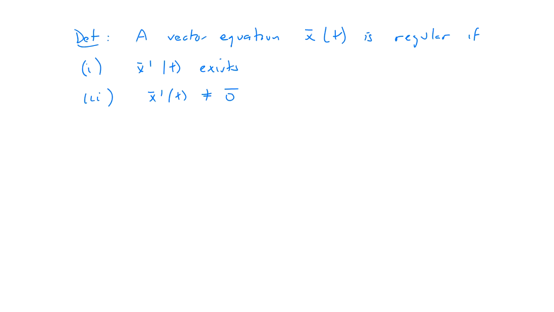Because if you go to the next thing, you'll see why this can be a problem. So regular just means it's nice. And in some ways, think about the line. If we have two dimensions, the derivative being 0 is similar to the slope being 0 divided by 0, which is just bad.